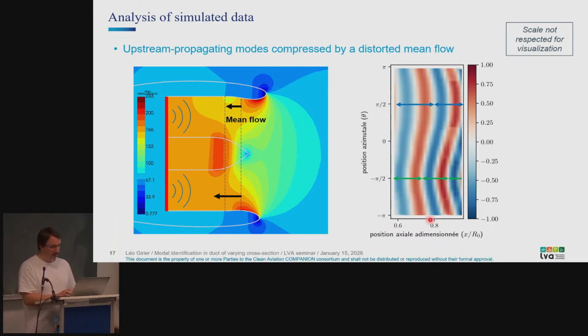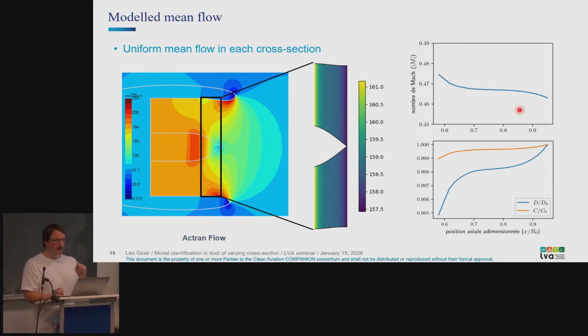Okay. Also, you can already see the axial variation of the mean flow, because the wavelength is actually compressing more and more through the duct. So just to say that what I didn't tell you before was that in the analytical model, the mean flow is considered to vary only axially.